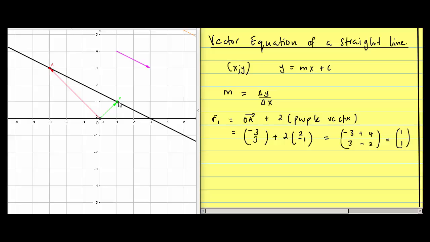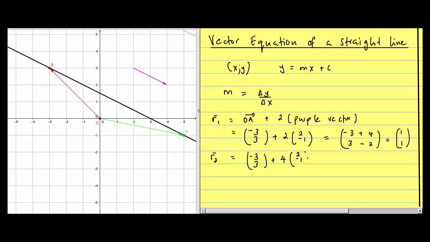Can we use the same argument to find the location of P if it's now here? Alright, so if I call the new position of P R2, if it's that vector there, I'm still going to go from O to A, so O to A is (-3, 3) plus, now let's see how many of this purple vector we are going to need to eventually get to P. So that's going to be 1, 2, 3, 4 lots of that purple vector, so it's going to be plus 4 multiplied by (2, -1).